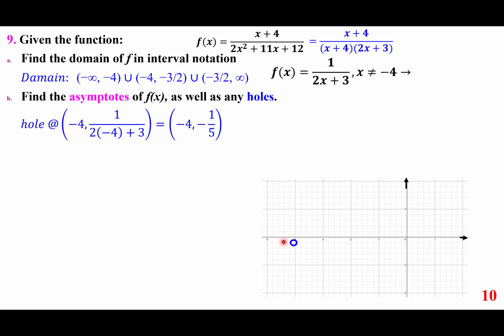Now, how do we find VA, short for vertical asymptotes, in general? Set the denominator equal to 0. This one, no. The one that is simplified. In other words, you can't say x equals minus 4 is the equation of a vertical asymptote. That is where the hole happens.